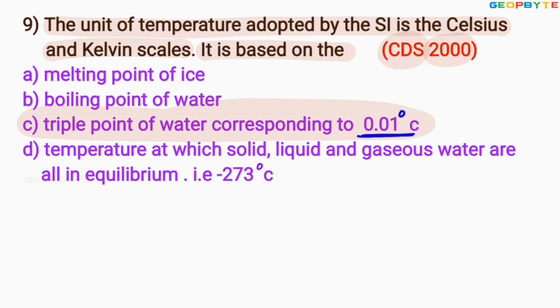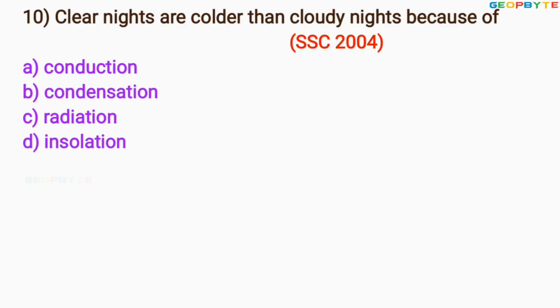Similarly, let us move to the next one. Look at the 10th one asked in 2004 for SSC exam. Clear nights are colder than cloudy nights because, dear friends, remember, in the case of a cloudy night, the clouds try to control the heat transfer from the atmosphere to outside. Whereas in a clear night, since there are no clouds, heat can be transferred more effectively from the atmosphere to outside.